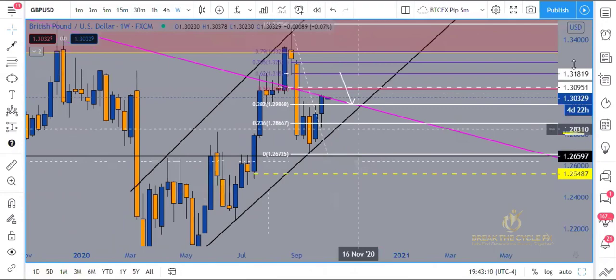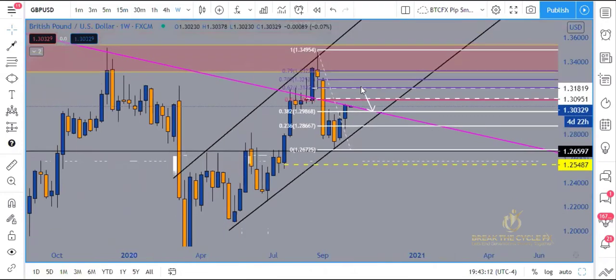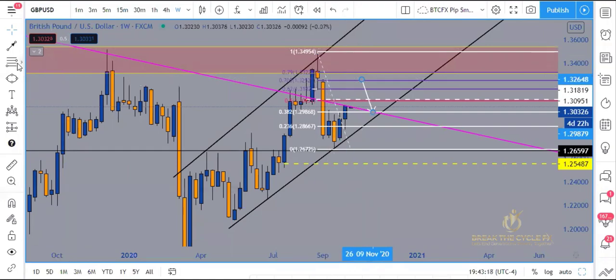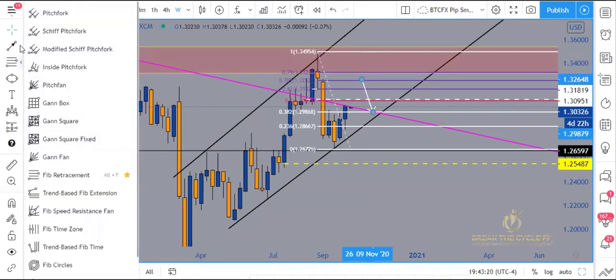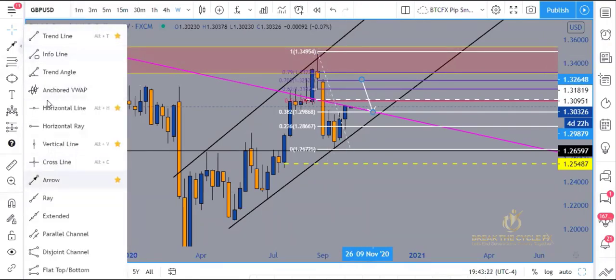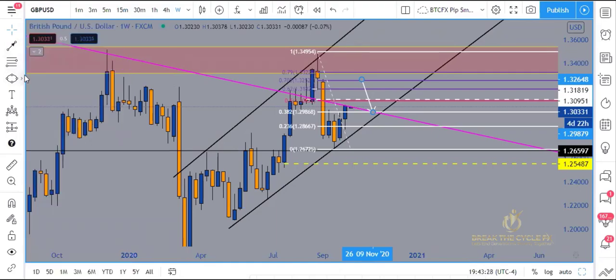The reason why I wouldn't go higher than probably 1.3200 is that would be the highest I would be looking for this to push up before it rejects. Hold on, guys, I'm tripping. Right around this area.